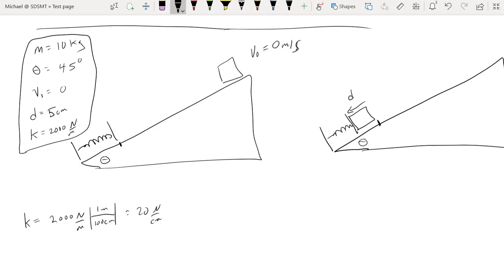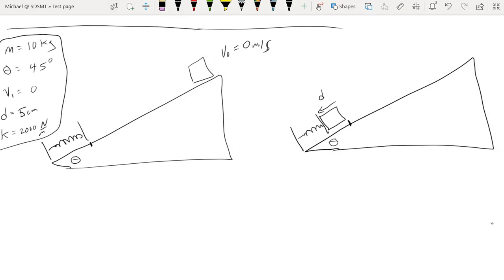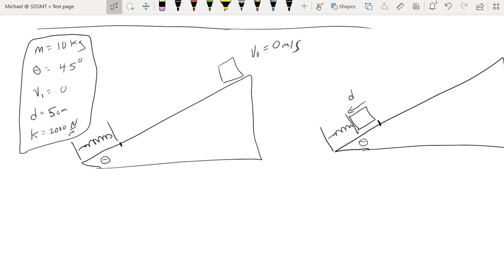And so now comes the part where I start asking you for the different things that I want you to solve for. Given the information over here, I would like to know what is the total distance that the block slides down the incline, and we need a coefficient of friction in here as well.